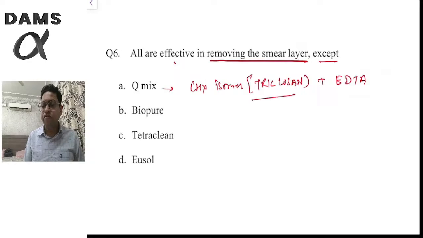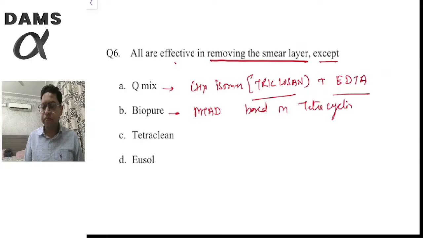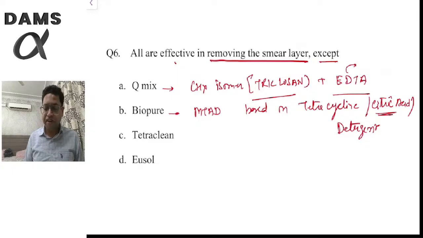So it is a mixture of substances, triclosan and EDTA. BioPure is also called MTAD. It is based on tetracycline, citric acid, and detergent. So due to the presence of citric acid, it is effective in removing the smear layer. Due to the presence of EDTA, Qmix is effective in removing the smear layer.